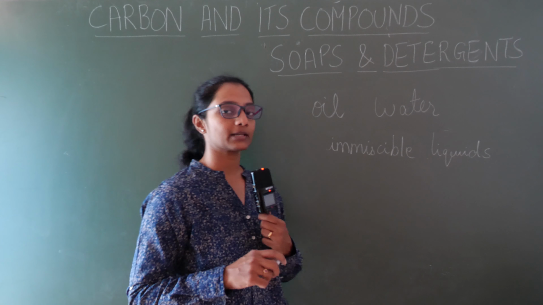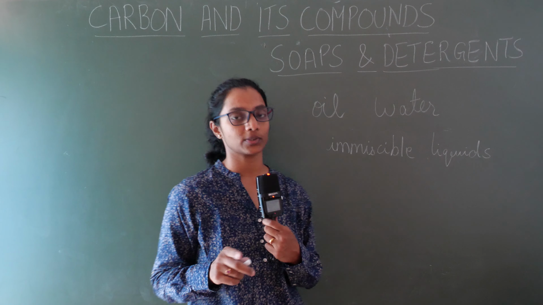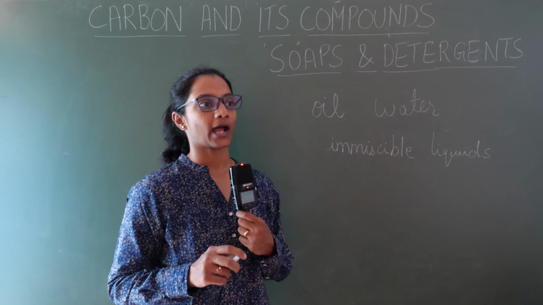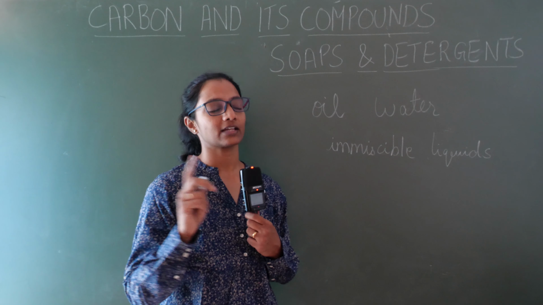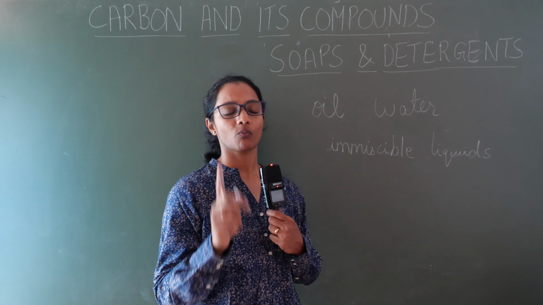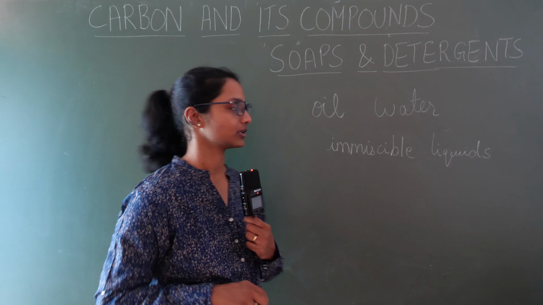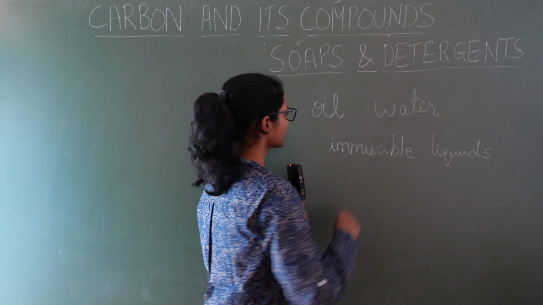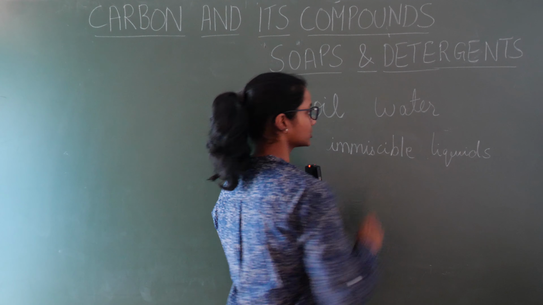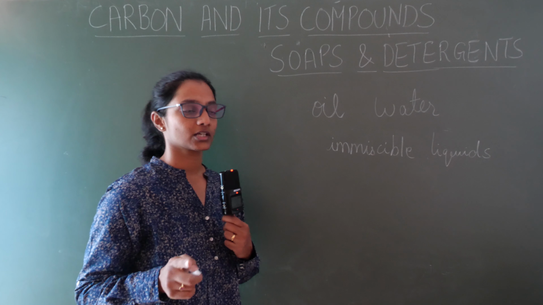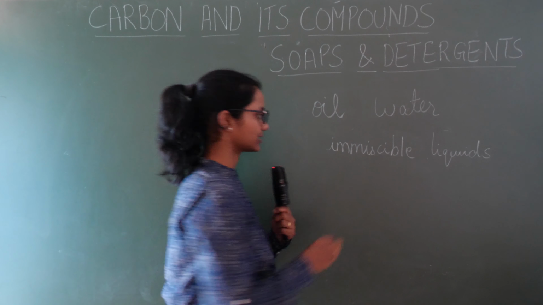So in the second step, I added liquid soap solution into it and tried to mix it, and then we observed only one homogeneous solution, right? Since oil and water do not mix, they need a mediator.